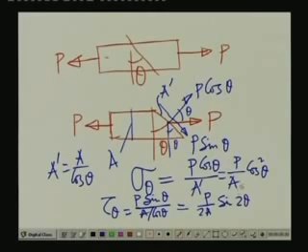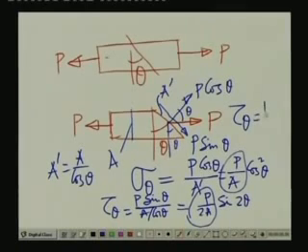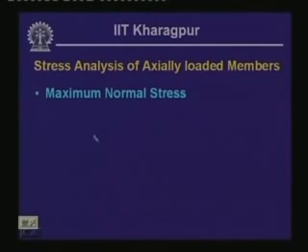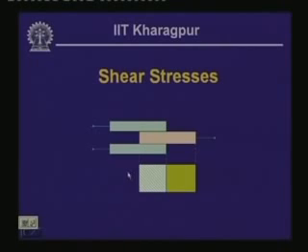So, the maximum value of the normal stress is P by A, and the maximum value of the shearing stress is P by twice A. So, eventually, the relationship between sigma theta and tau theta is that tau theta is half of sigma theta. Well, then we have seen the maximum normal stress is P by A and the maximum shearing stress is P by twice A.